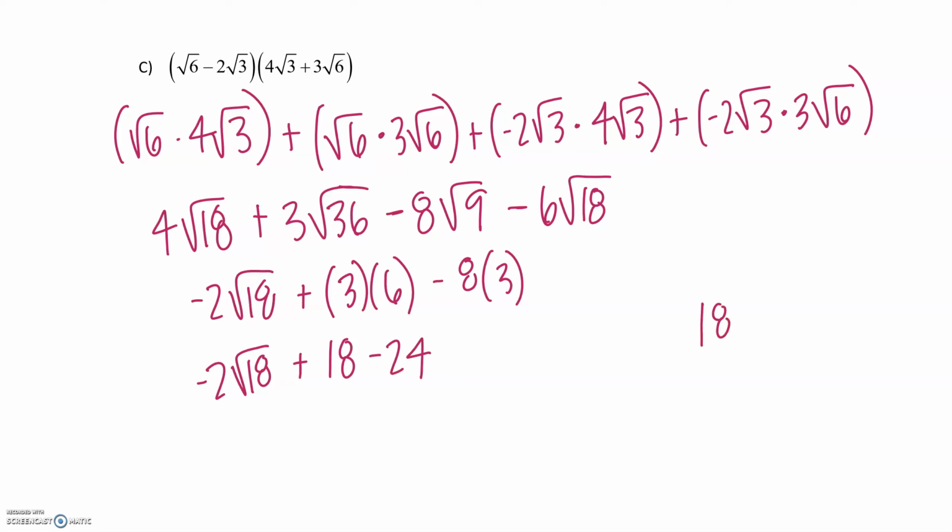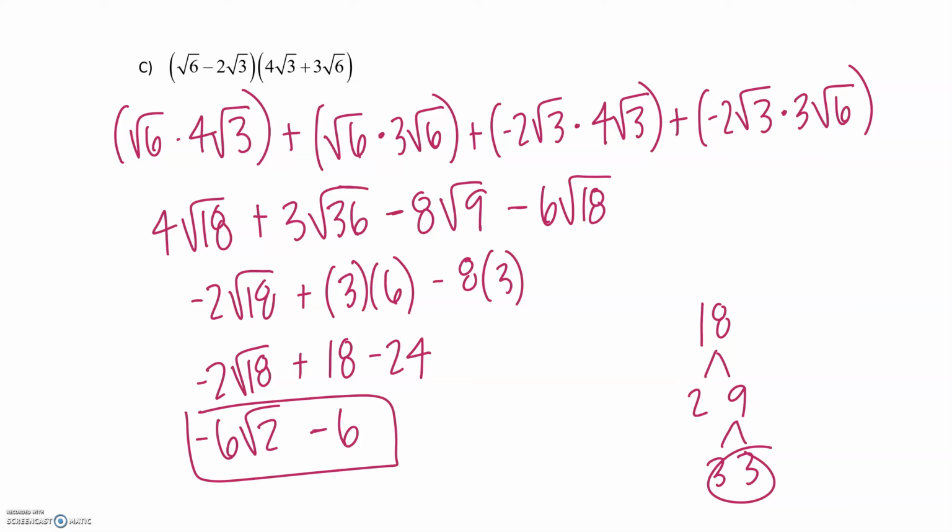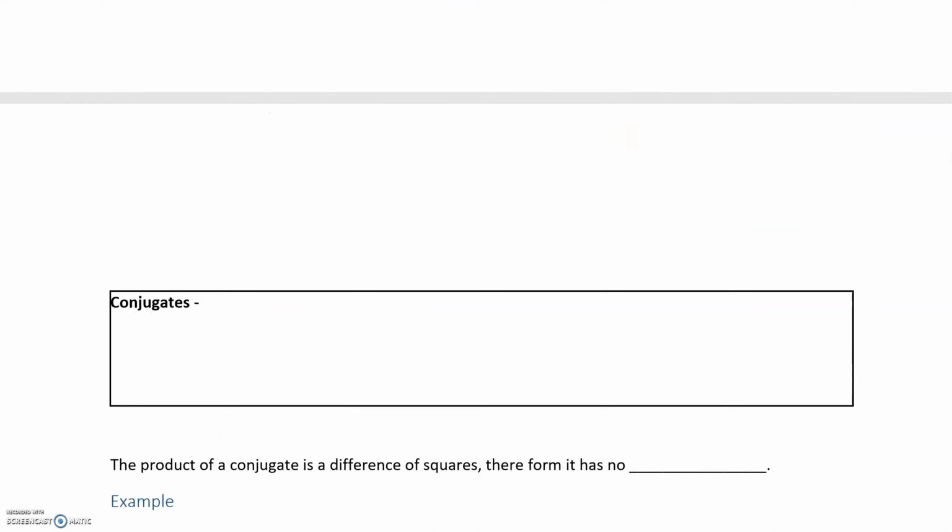And if we go through our 18, that gives us 2 and 9 and 3 and 3. So we've got negative 6 square roots of 2 minus 6 should be our answer. Okay.